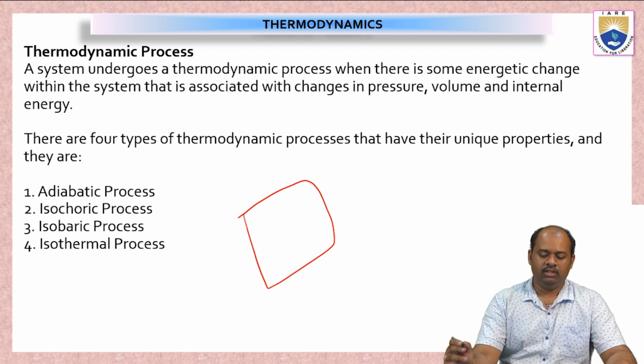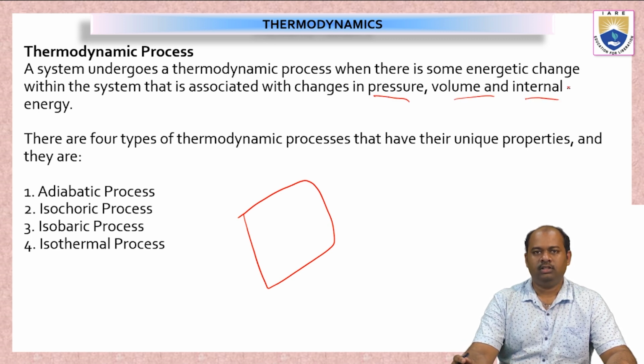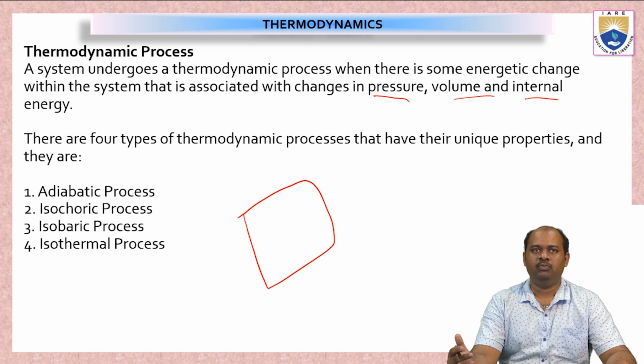For example, there will be changes in the properties like pressure, volume and internal energy. These are some of the properties which we are going to see in the coming slides. With a change in these properties like pressure, volume and internal energy, the system is said to be undergoing a thermodynamic process.